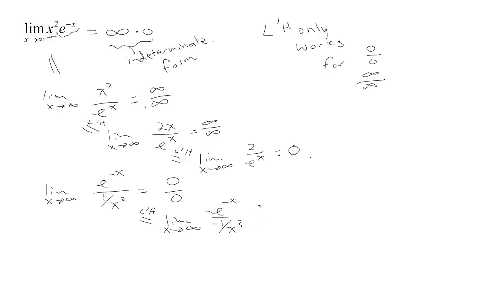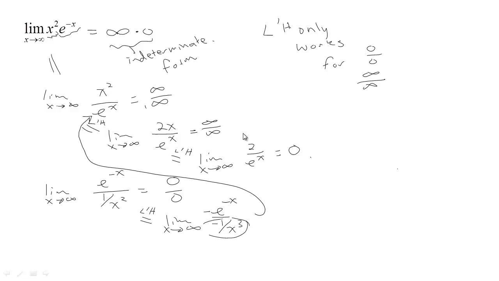I'm still getting 0 over 0, but every time I take a derivative, this term in the denominator is actually getting worse. So this way doesn't work. We'd have to go back and try rearranging a different way if we wanted to use L'Hopital's. So we see the way to do it in that case.